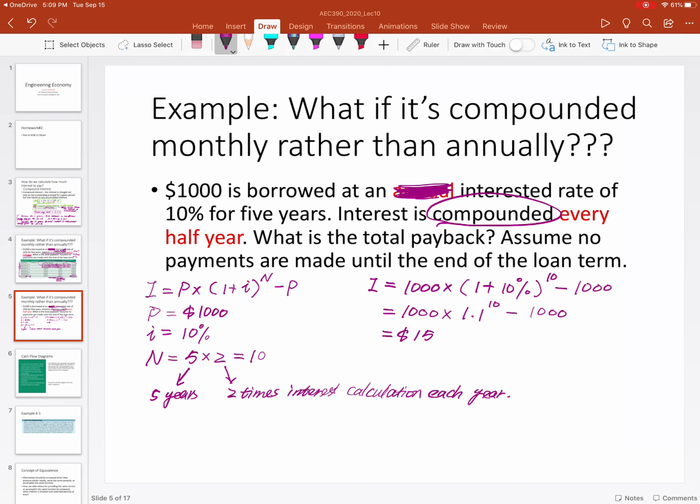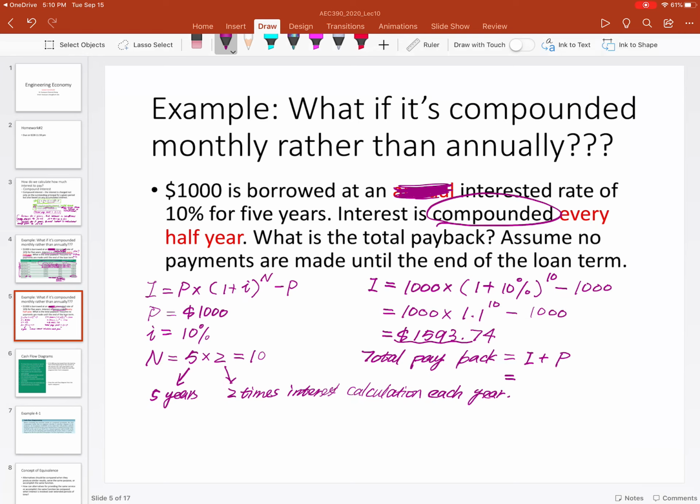Which is 1593.74. And then your total payback will be I plus P, interest plus the principal, right?